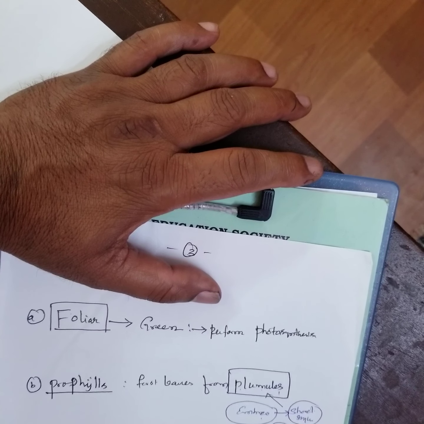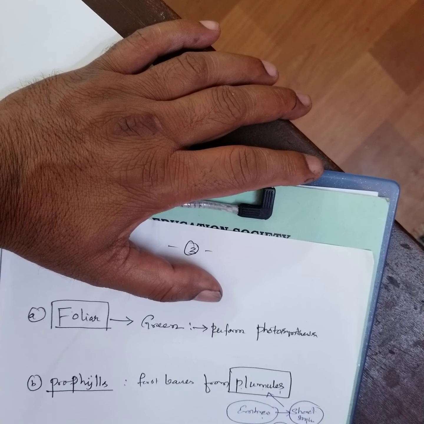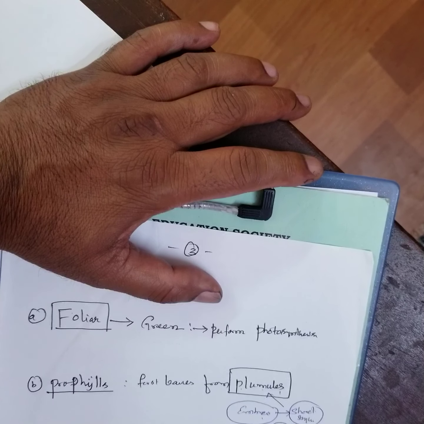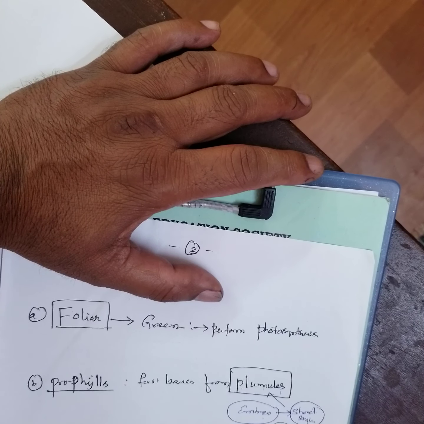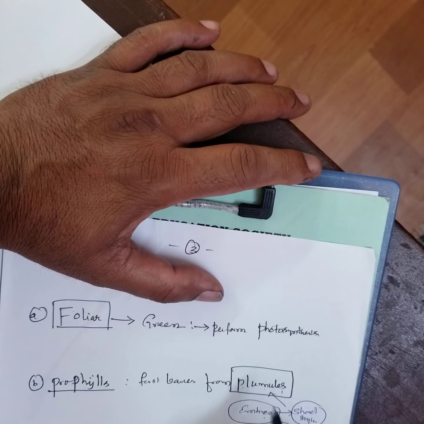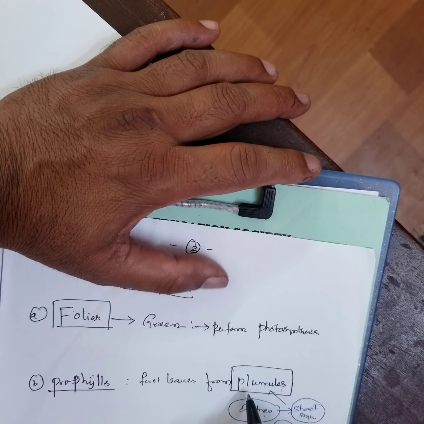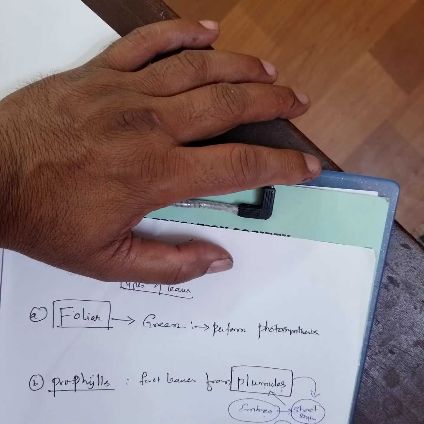Then the root system is given by what is the counterpart of this? Radicle. They may ask you this also. When I say radicle, remember root. When I say plumules, shoot system. This comes in the embryo. You got two parts. One is plumules and radicle.